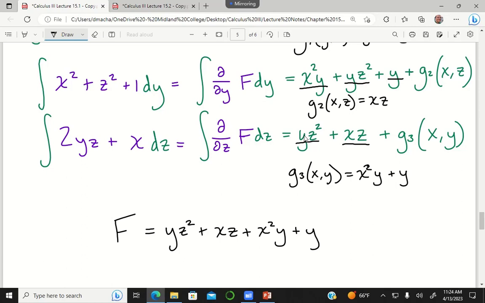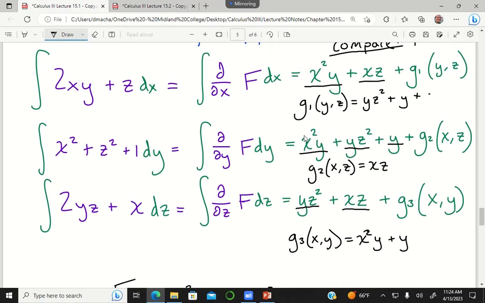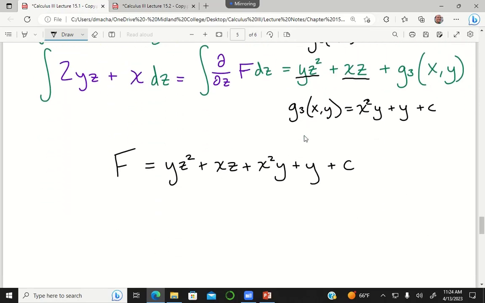And by the way, I can also add some little constant, right? Whenever I take the partial derivative with x, y, or z, the constant goes away. And so if I wanted to be super careful, I could add plus c to all those, but that's the idea.